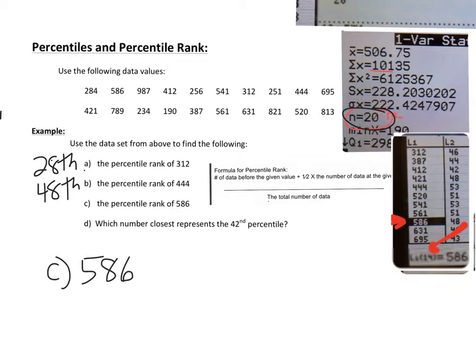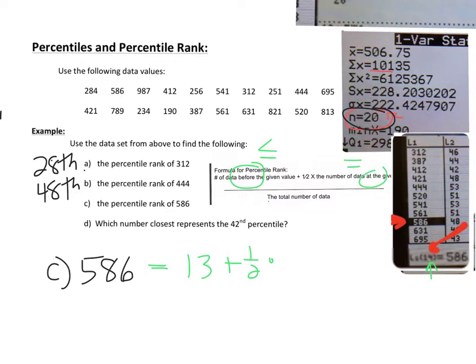Here, 586 is in the 14th spot of your data set, which means the number of data before the given value, the number of data less than or equal to the given value, is going to be 13, plus 1/2 times the number of data at the given value, the number of data equal to 586.